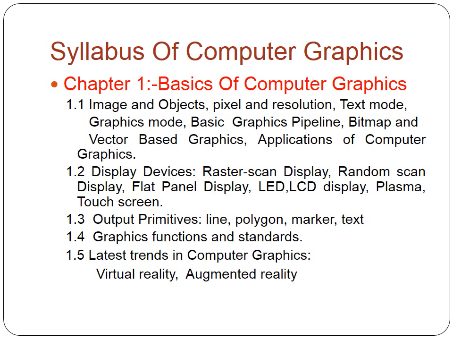Point 1.1: image, object, basic graphics pipeline, applications of computer graphics. 1.2 gives information about display devices. 1.3 is output primitives. 1.4 is graphic functions and standards, and 1.5 is latest trends in computer graphics.